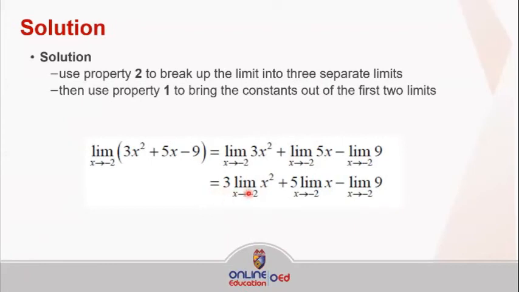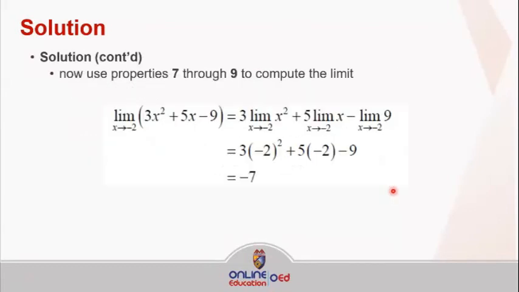We have here the 3 limit of x squared plus 5 limit of x minus limit of 9. After nun, papalitan lang natin yung value since ang sabi natin, yung value ng x is negative 2. So we have 3 multiplied by negative 2 raised to 2 plus 5 multiplied by negative 2 minus 9. And yung value natin is negative 7.